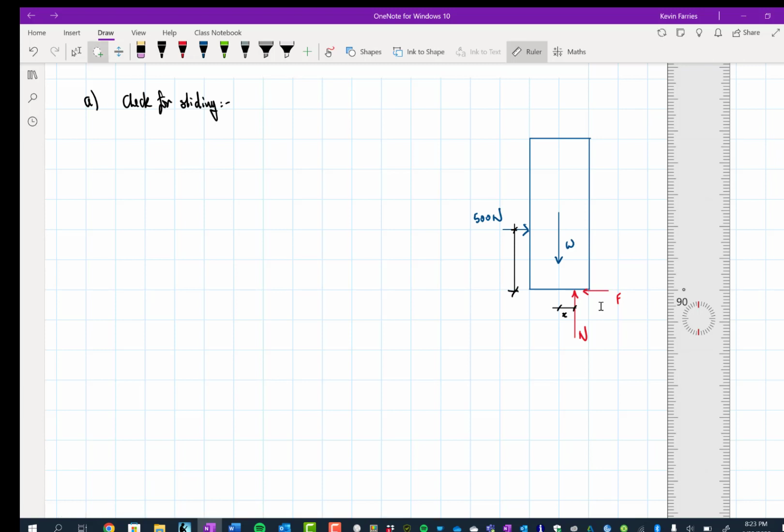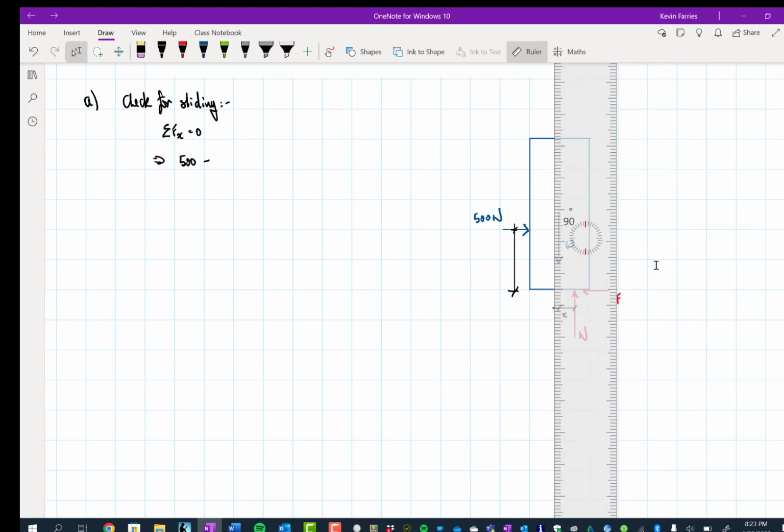And so that's using the sum of the x components must be equal to 0. So that means that we've got that 500 newtons, and then the only other x component is the frictional force. So minus.